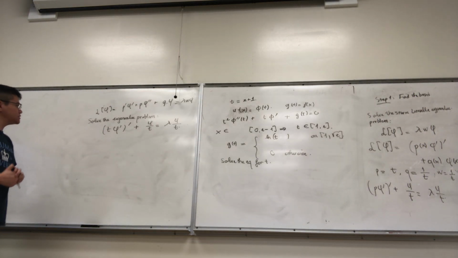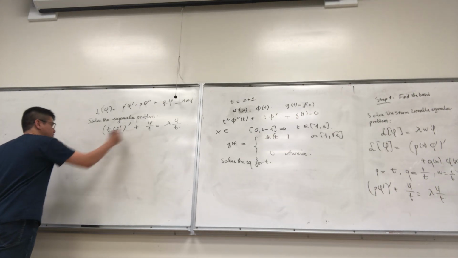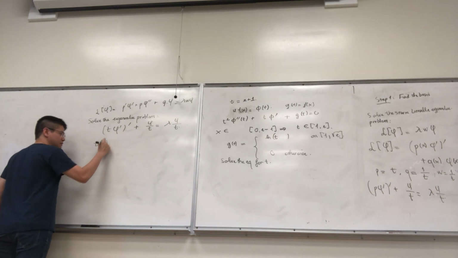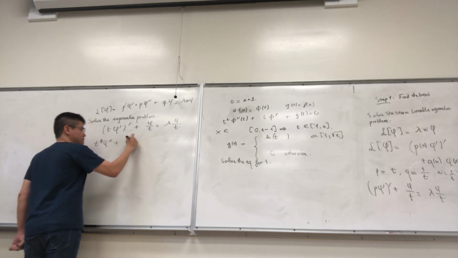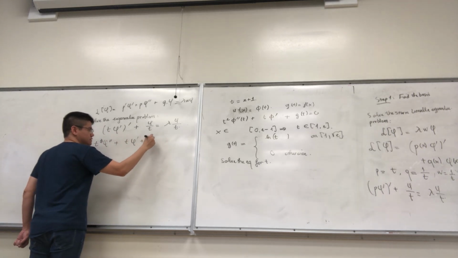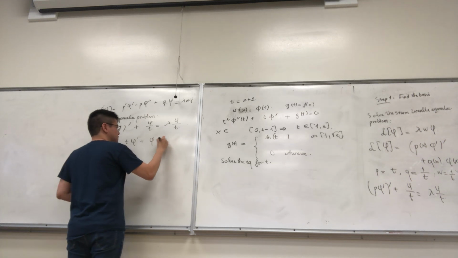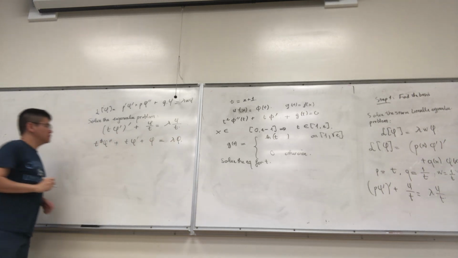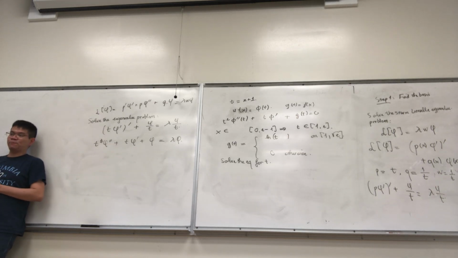Right. So now this eigenvalue problem can be written like T phi double prime plus T phi prime plus phi is equal to lambda phi. Right?